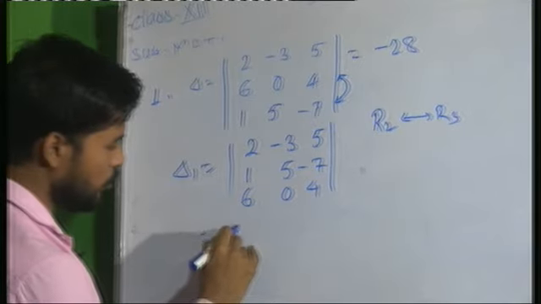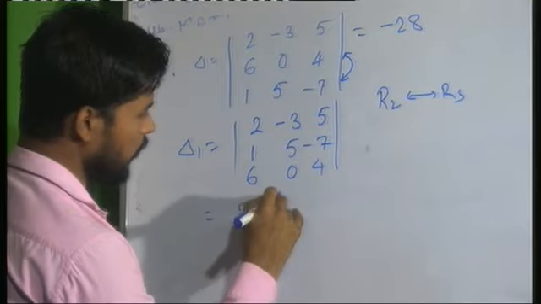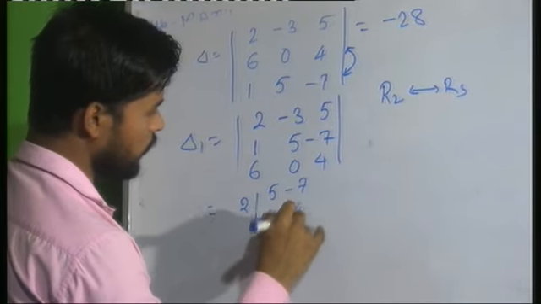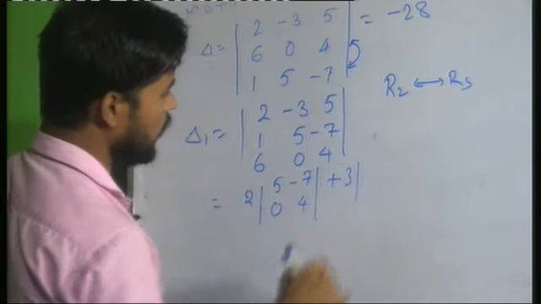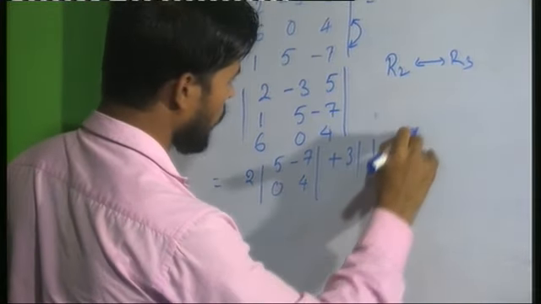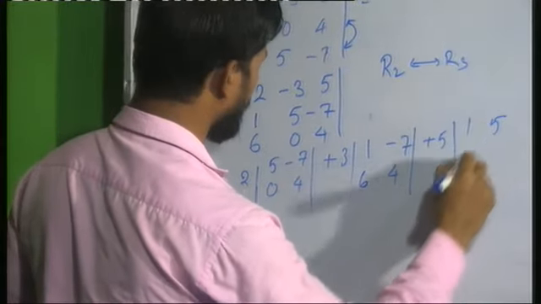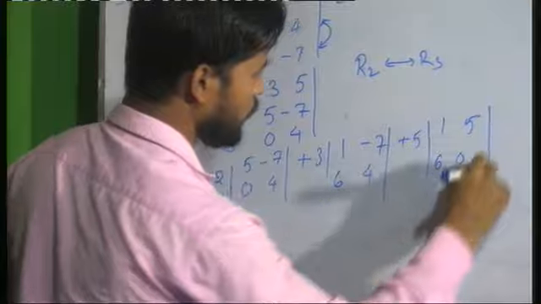So 2 determinant of 5 minus 7, 0 4, plus 3 determinant of 1 minus 7, 6 4, plus 5 determinant of 1 5, 6 0.